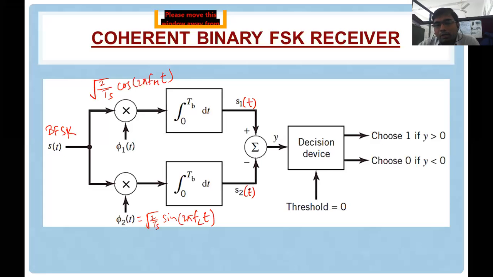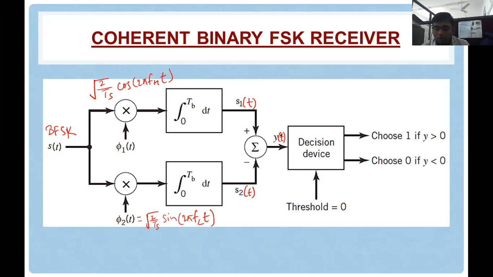The signal generated is y(t), which is passed through the decision device. According to the value of y, it decides whether the received signal is binary 1 or binary 0, and the decision device has some threshold level as well.